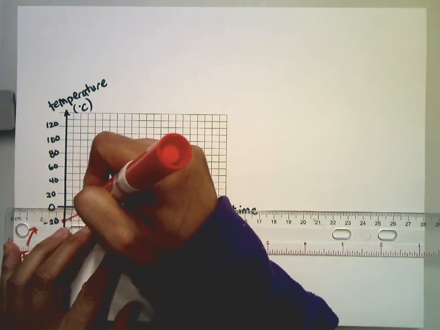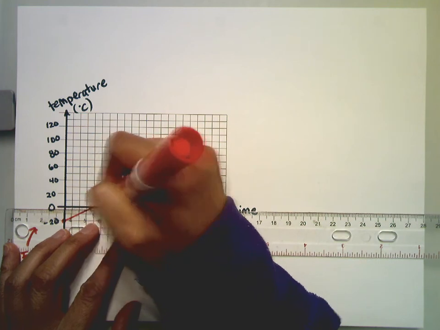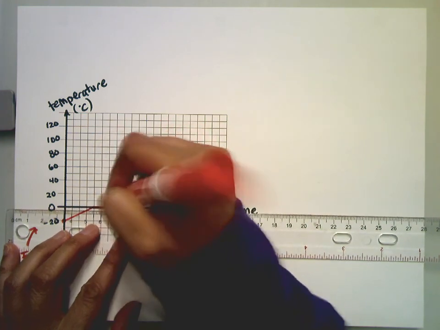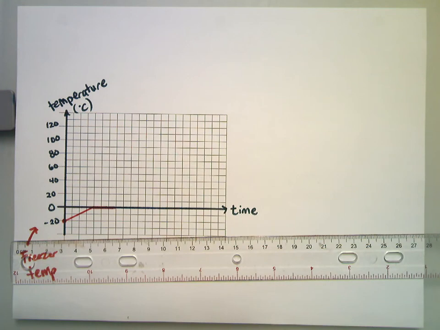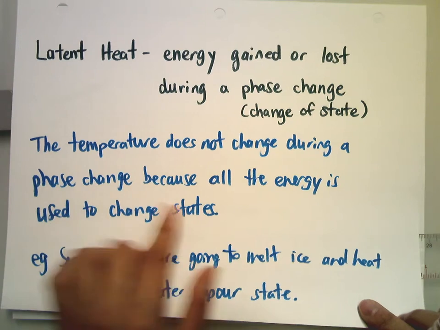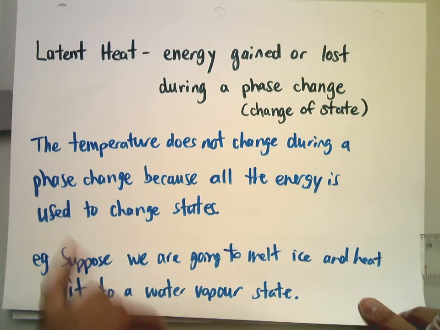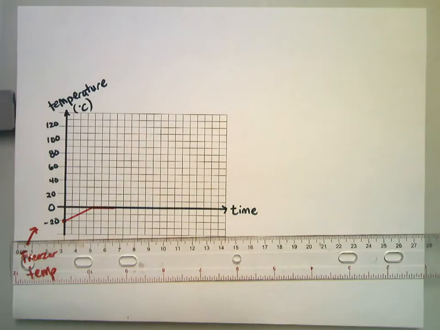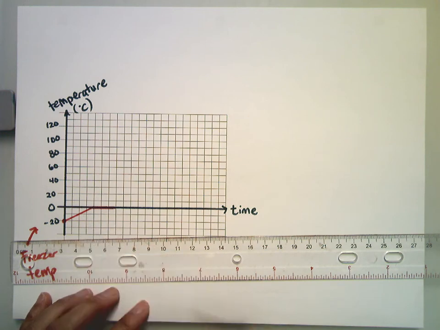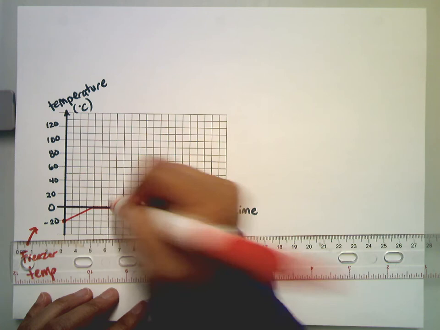This here is what I mean by the temperature does not change during a phase change. Right here, the temperature does not change during a phase change because all the energy is used to change states. In this case, when ice is melting, it will stay at 0 degrees until it fully, completely turns into water.